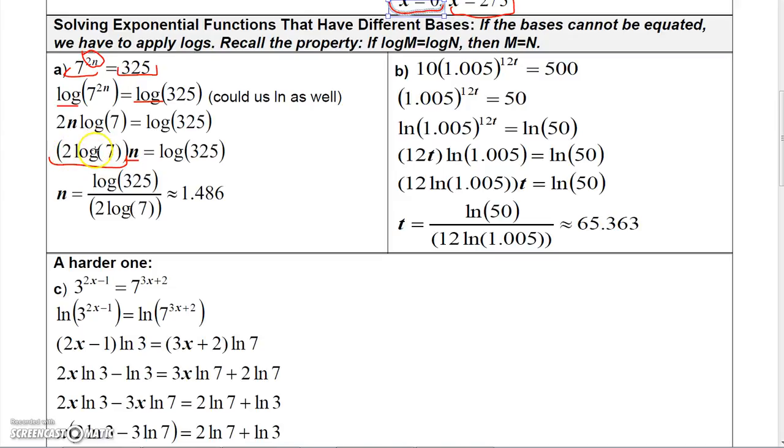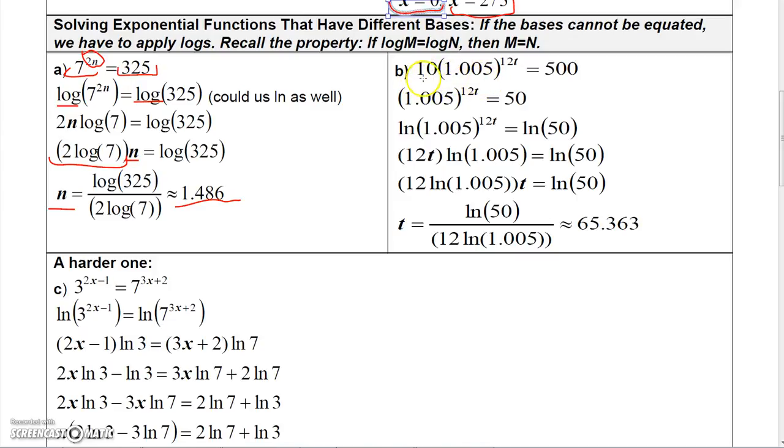So if I divide the left side by 2 log 7, then it'll just cancel and I'll get n on the left. And then if I divide the right by 2 log of 7, I just get log of 325 divided by 2 log of 7. And make sure you put that in parentheses so that when you put it in the calculator, you get the right answer. 1.486.